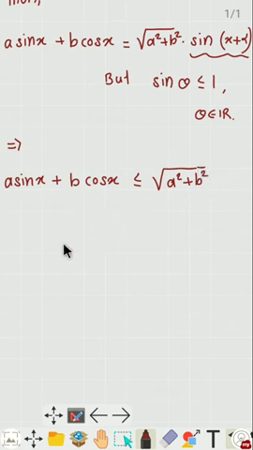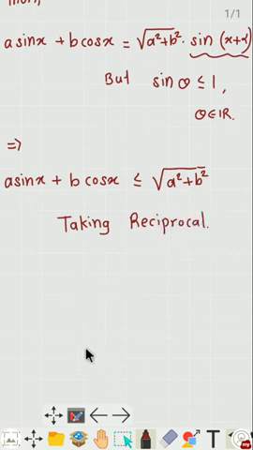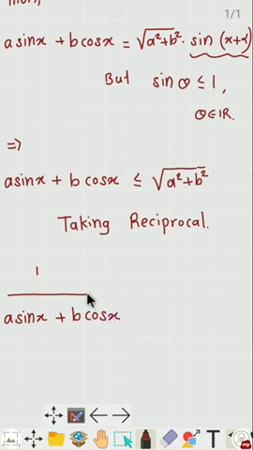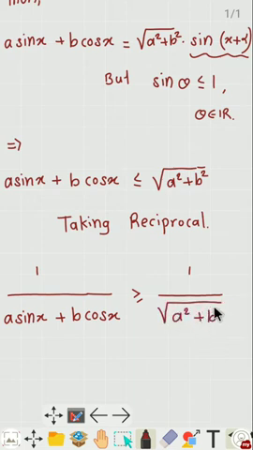Okay, now taking reciprocal, we get 1 divided by a into sin x plus b into cos x greater than or equal to 1 divided by square root of a square plus b square.